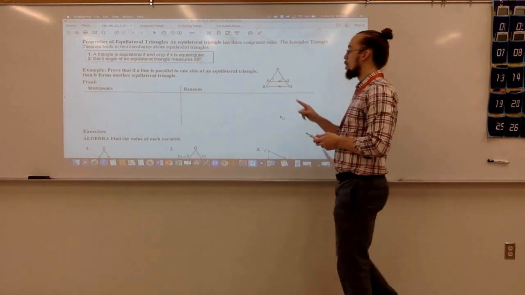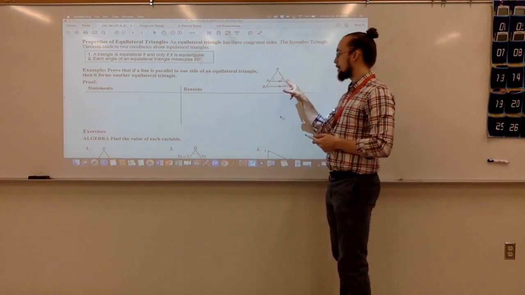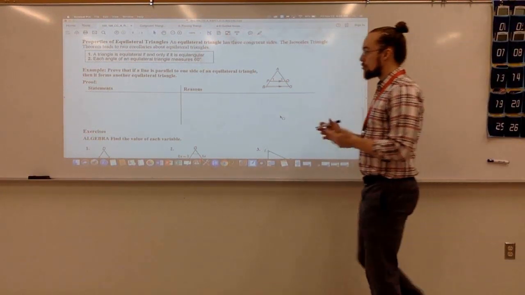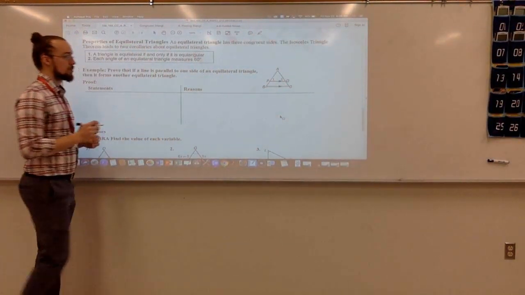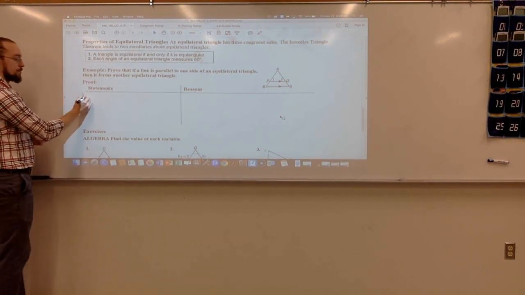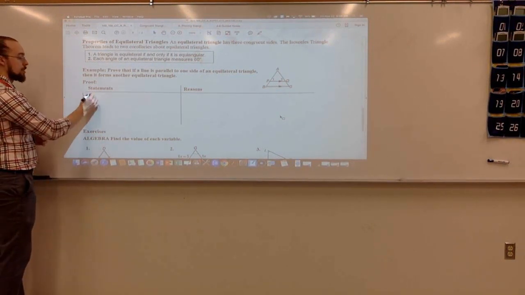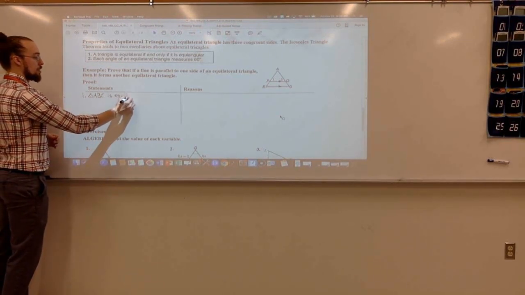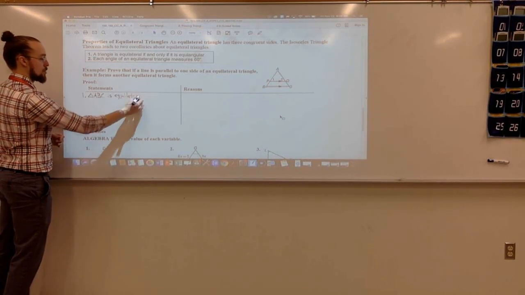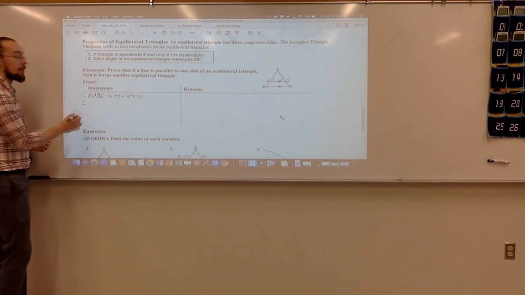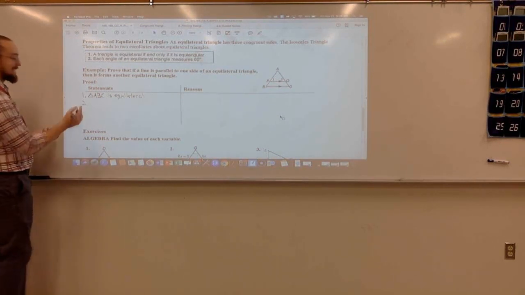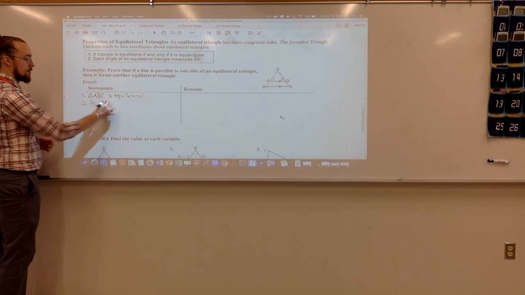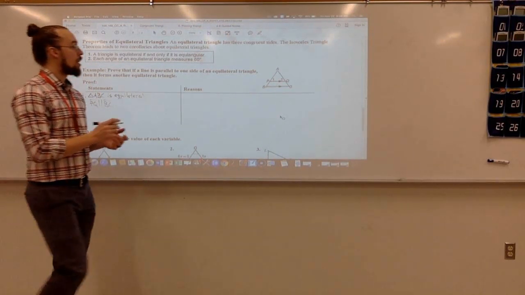So from that, we want to conclude that APQ is also equilateral. Our givens in this case would be triangle ABC is equilateral and that PQ and BC are parallel.